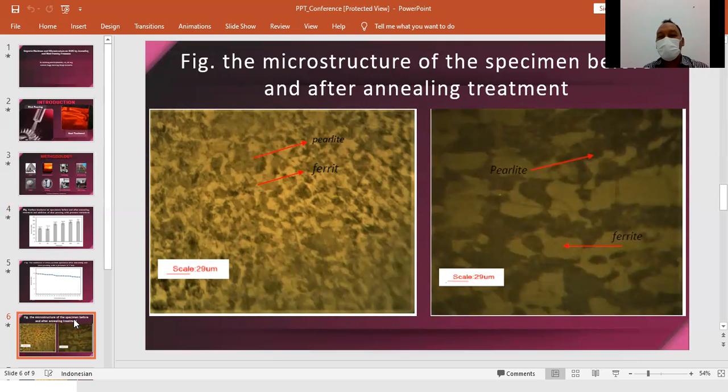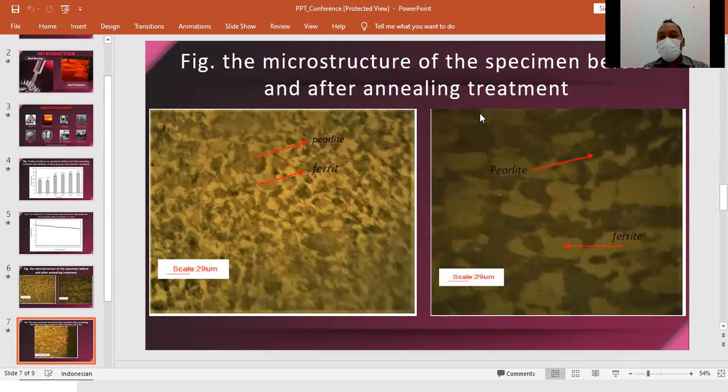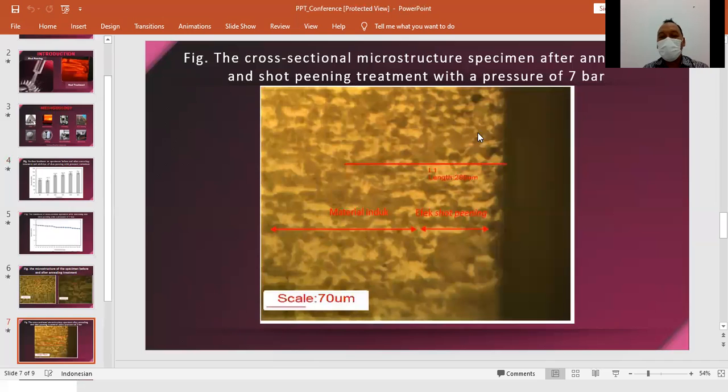This is a figure of the microstructure of the specimen. This one is a surface shot peening process. The residual stress effect is due to the impact of the shot peening steel balls on the surface of the material.